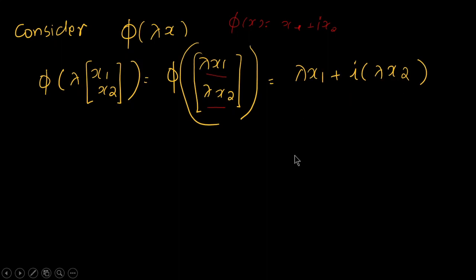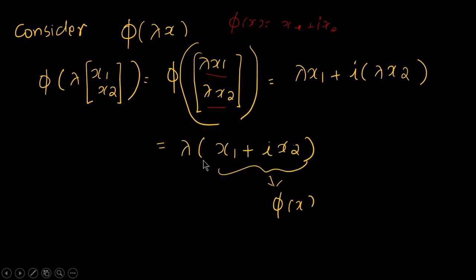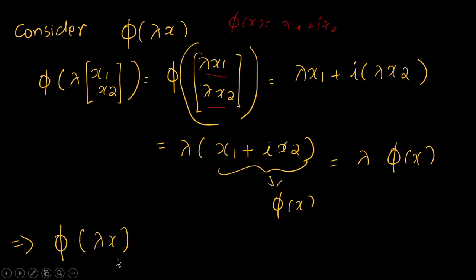Take the lambda value outside. We will get lambda into x1 plus i x2. And what is actually lambda x1 plus lambda i x2? That is lambda phi of x. So phi of lambda x is equal to lambda into phi of x. So both the rules are satisfied, and we can say that this transformation is linear.